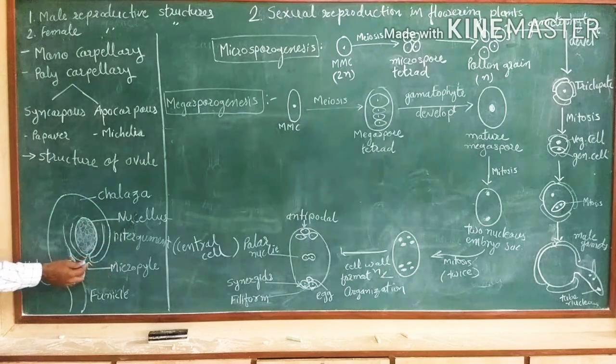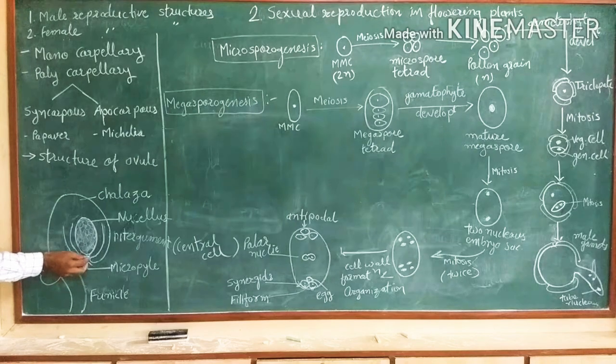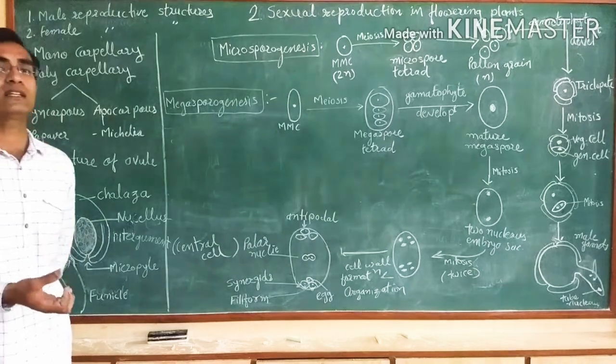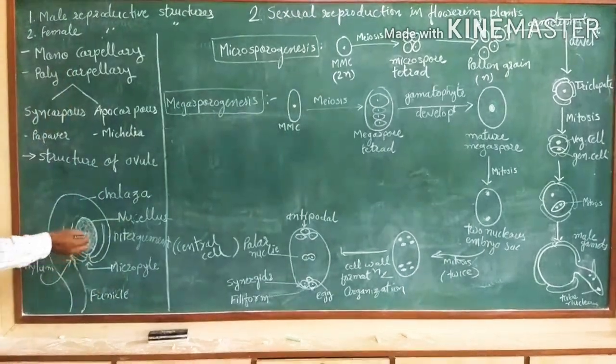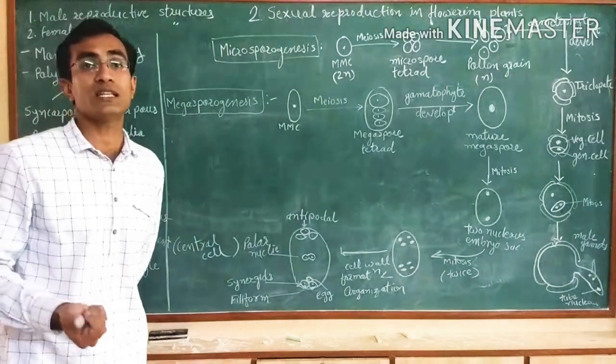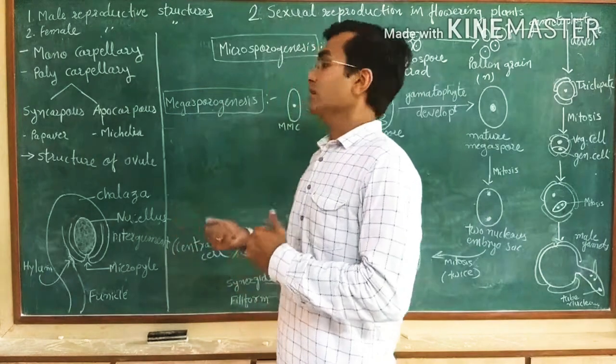Then the end of the integument, where it makes one pore, is called the micropylar end. And inside these integuments, it is filled with nucellus tissue. This whole part is called the nucellus, and in that nucellus there are plenty of cells present.